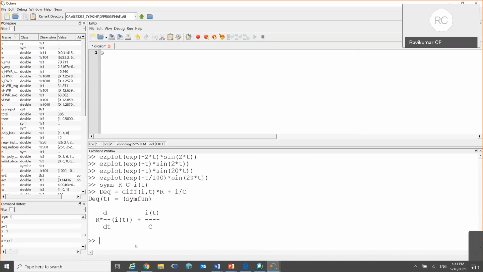I forgot how to specify the initial condition. What is the initial current? See, when you turn on the switch, there is no charge on the capacitor. So there is no voltage across the capacitor.